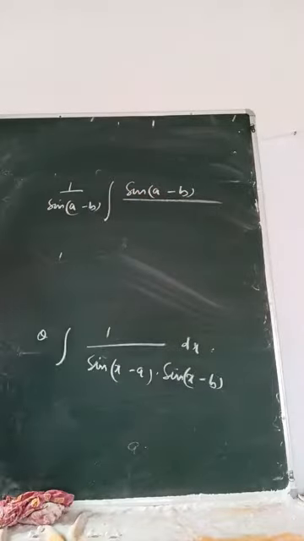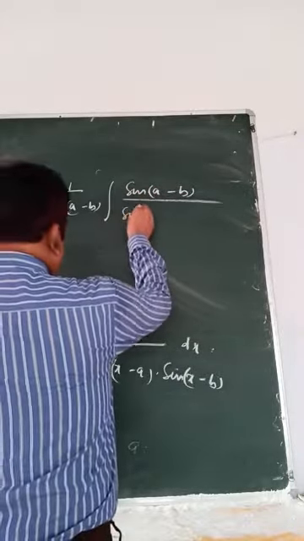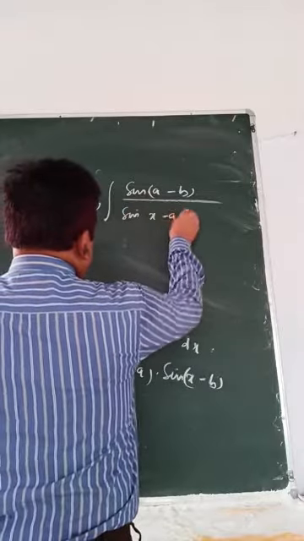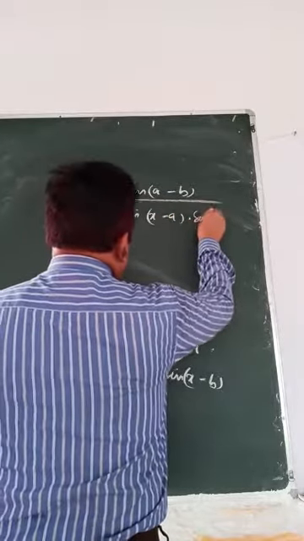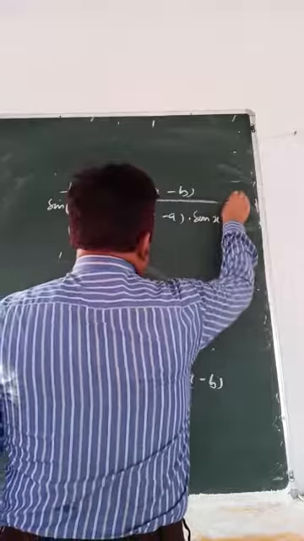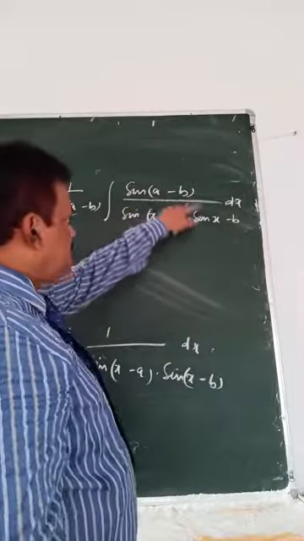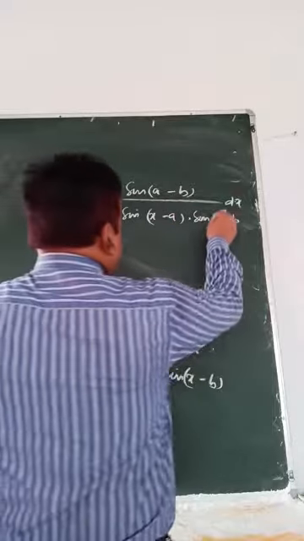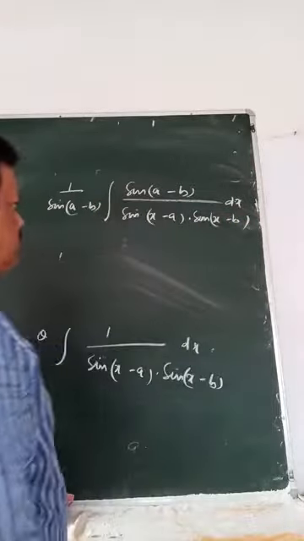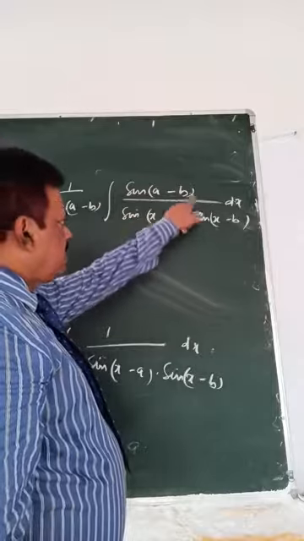Okay, divided by sin x minus a, sin x minus b. So you have to bring sin here. So x minus a here. How to bring? Now you have to write x minus a form, x minus b form.